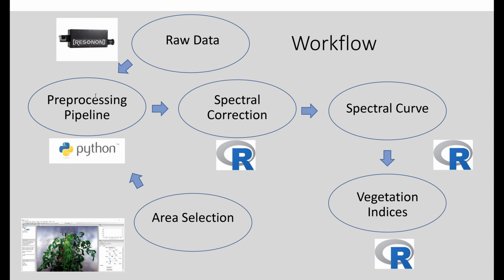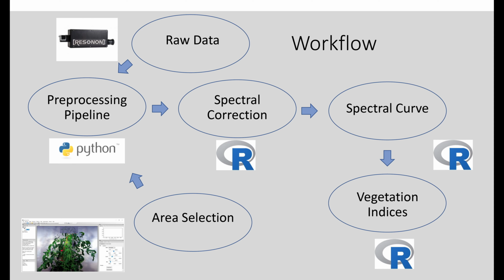Those two files were taken into R, and the reflectance of the plant was corrected from the values of the reflectance cube. And then spectral curves were made, and vegetation indices were calculated also in R.